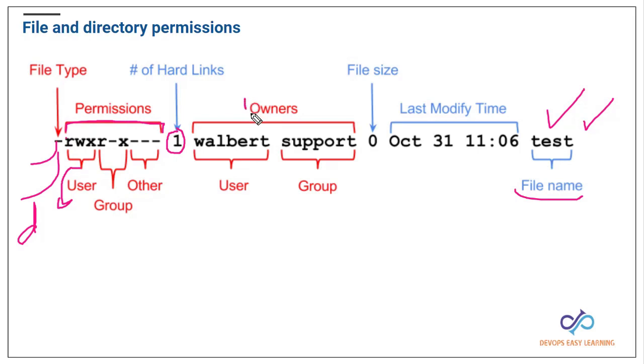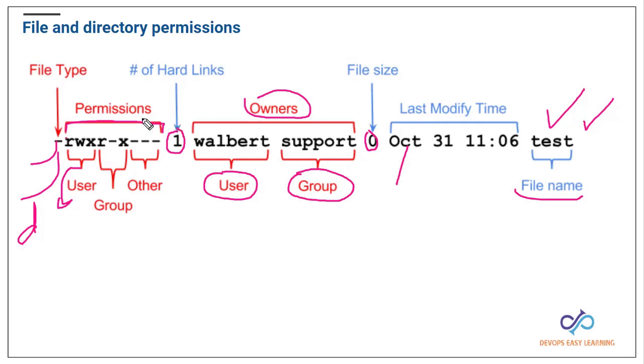We can see that this file belongs to a user called Weber and the group called support. The file size right now is 0. And here we have the last time the file was modified, which was on October 31st at 11:06.